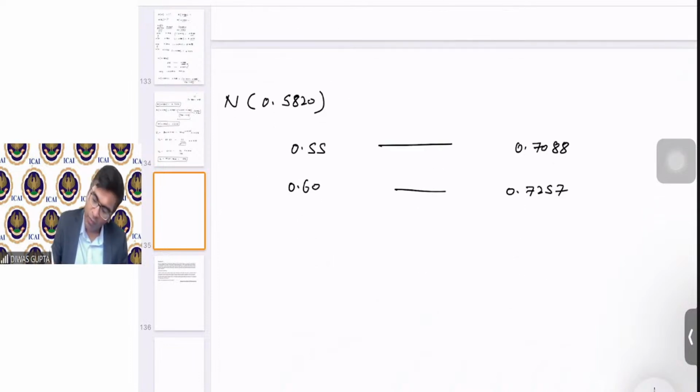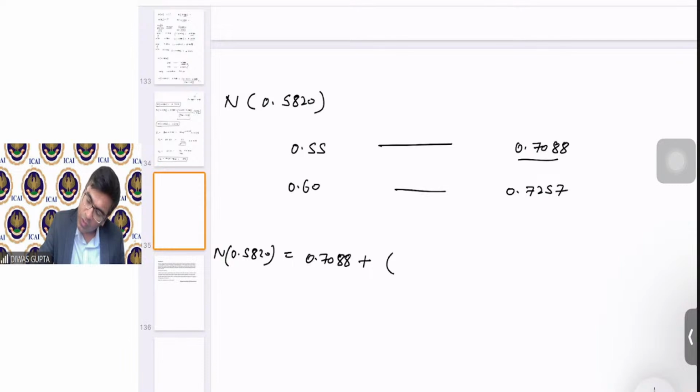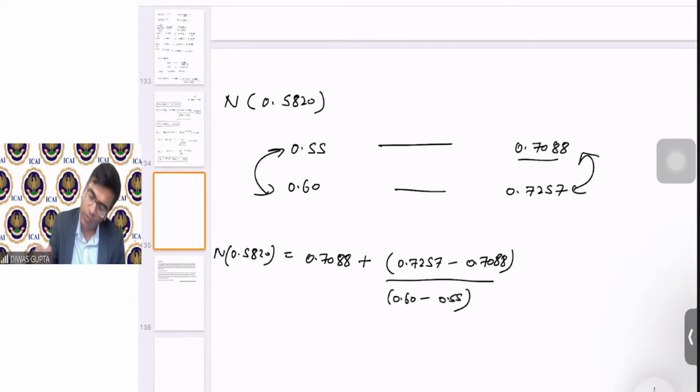Now, if we apply the formula, 0.5820 is equal to, first of all, the basic value 0.7088 plus the difference between these two, 0.7257 minus 0.7088, whole divided by 0.60 minus 0.55. So which is the difference between these two values, right?